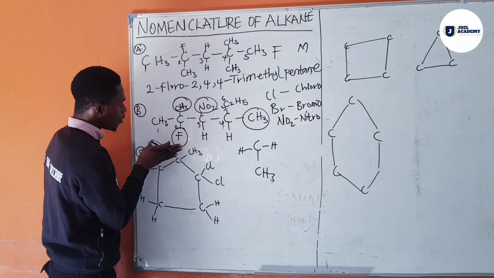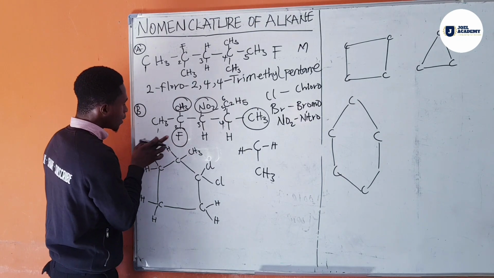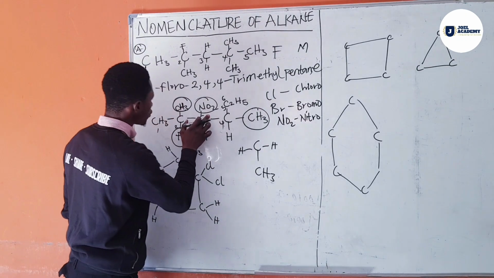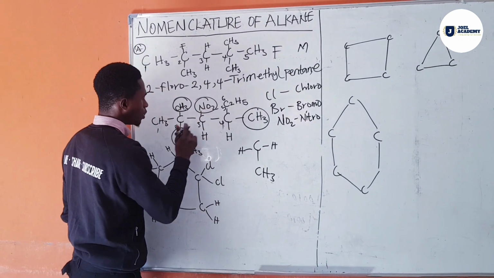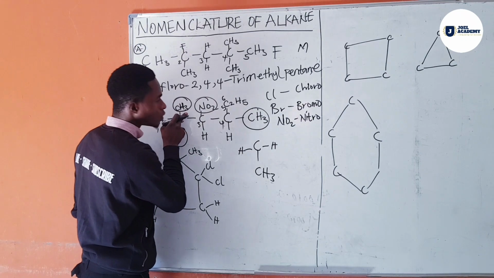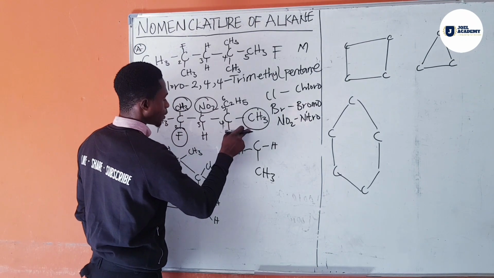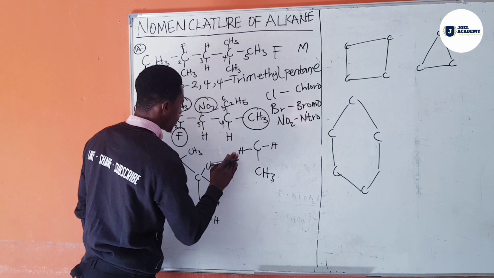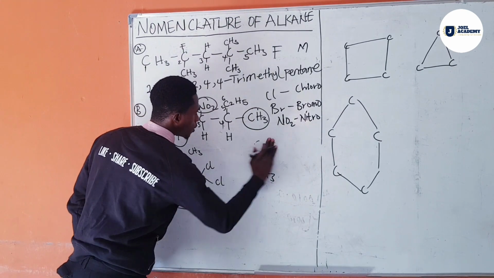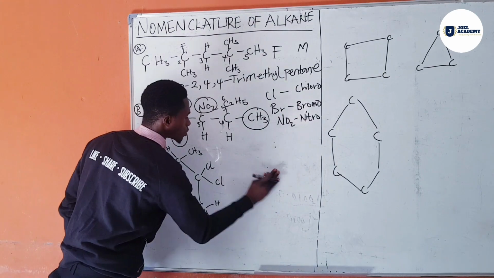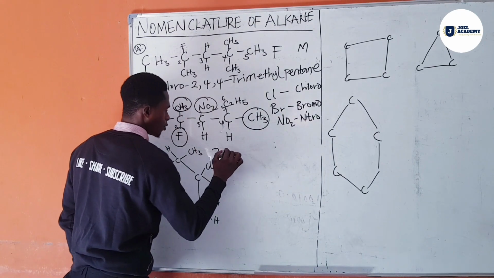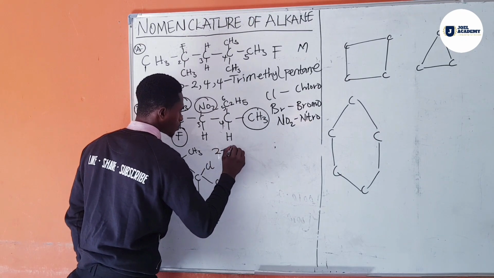So in naming this compound, fluorine is at position 2, nitro at position 3, and CH3 at position 2 also, and another CH3 at position 4. So we have 2 CH3, and we have a nitro group here. So the name of this compound is going to be 2-fluoro.